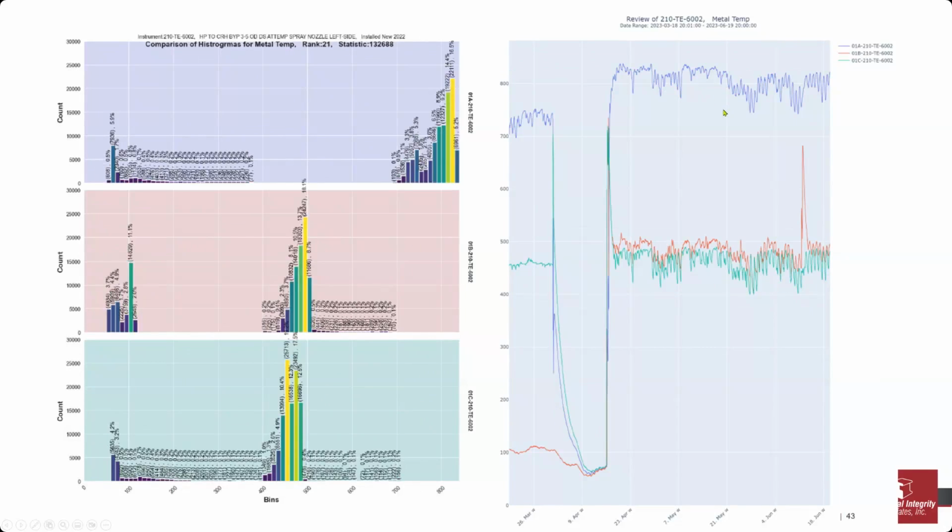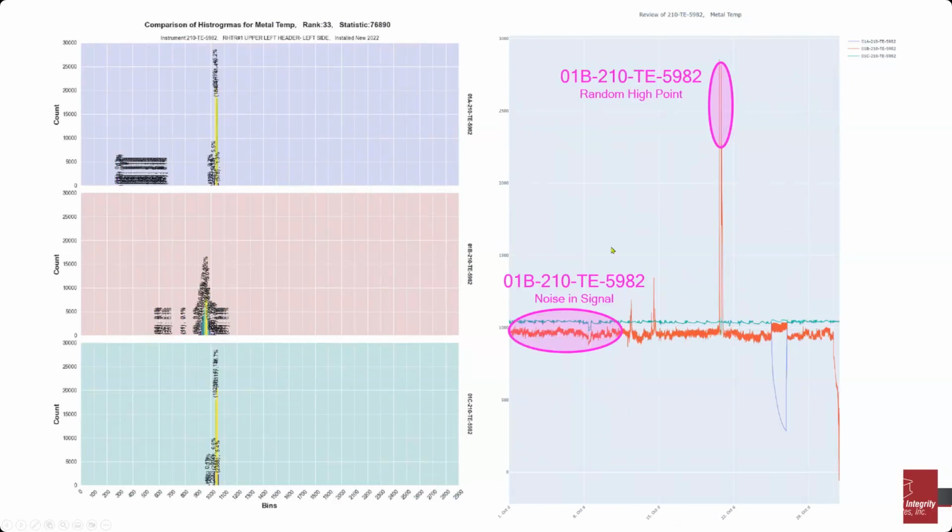So there's a couple other examples in this data quality aspect that I just wanted to briefly mention. One related to how good is the temperature sensor in general. One of the things that you'll see in this plot on the right, again comparing three tags on three sister units, is a lot of noise in the one signal.